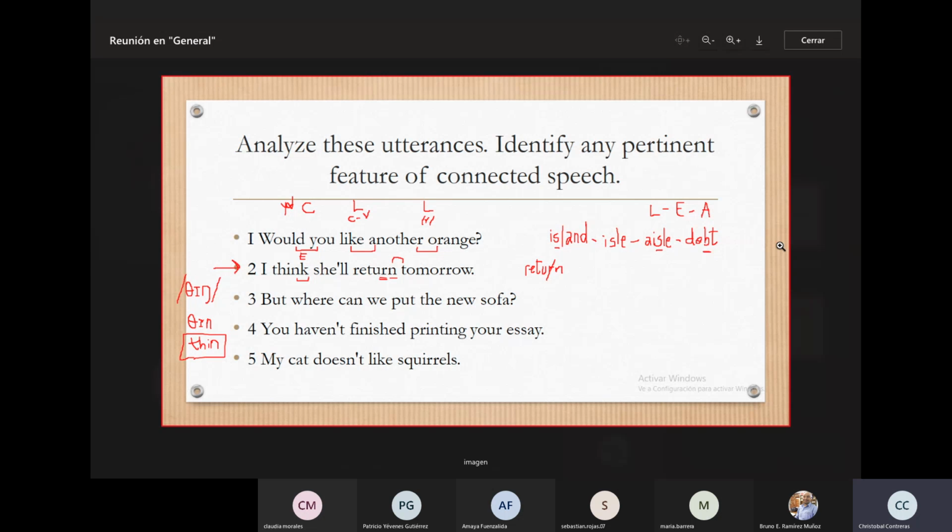What's the other elision present here? We get printing your essay. You haven't finished printing your essay. What other?